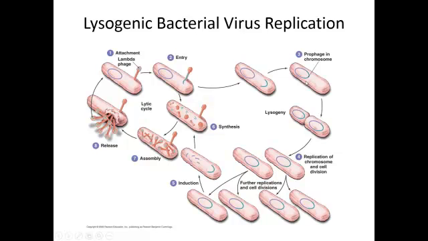Or it may have a toxin gene that gives this cell an advantage within the community, kills off other bacteria, or turns the bacterium from a non-pathogenic strain to a strain that causes disease in humans. So lysogeny is actually a good thing for the bacterium.